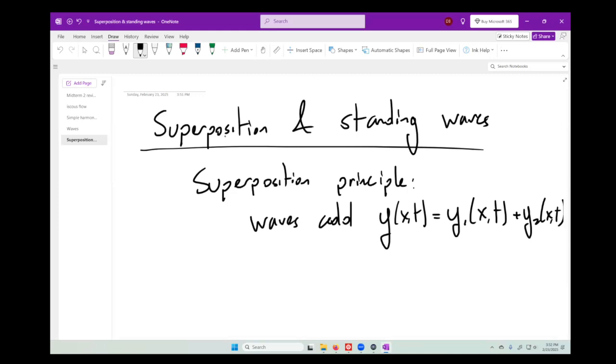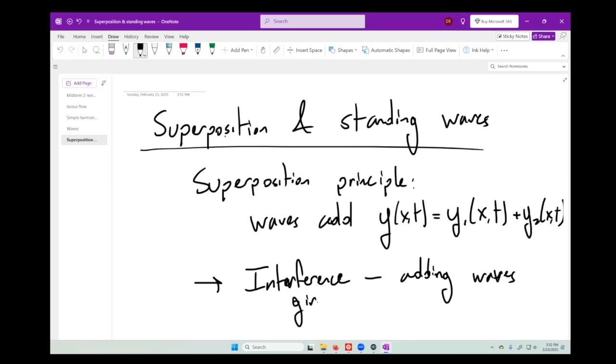Okay. And one consequence of this is interference. So when we add waves, then we can potentially end up with the superposition having a higher or a lower intensity than the waves that we added.